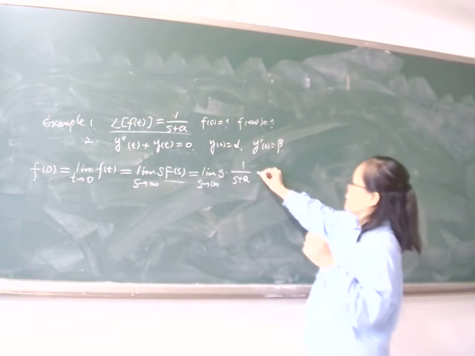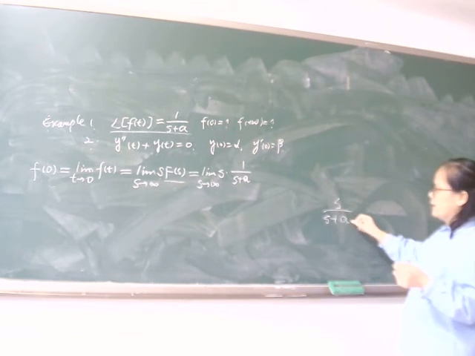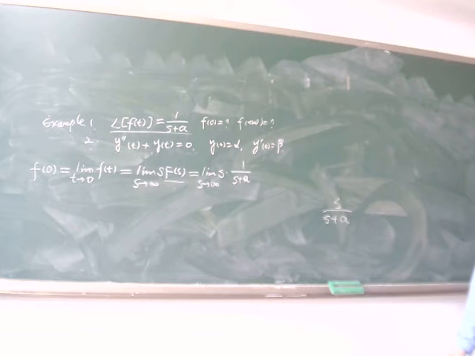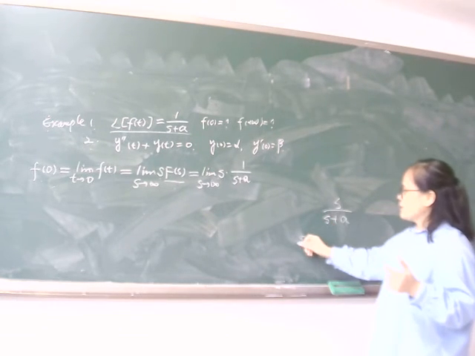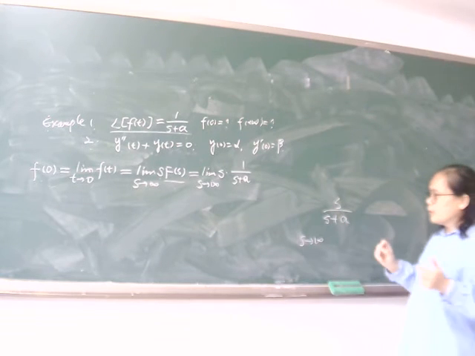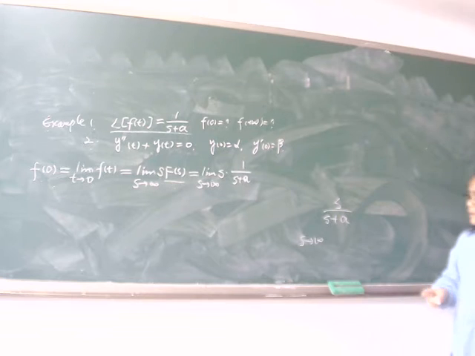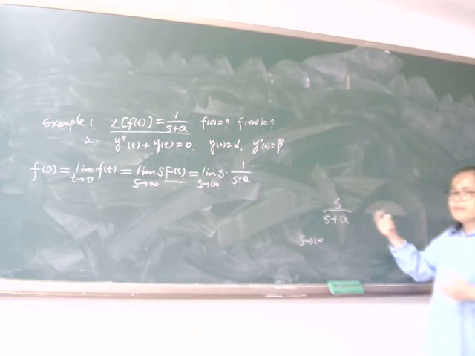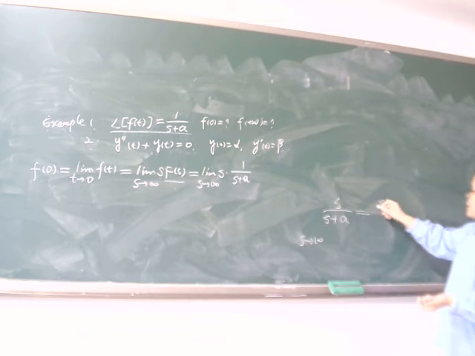Now we can say s plus a. Because s tends to infinity, here is infinity, then s plus a is also infinity. So we can say 0.